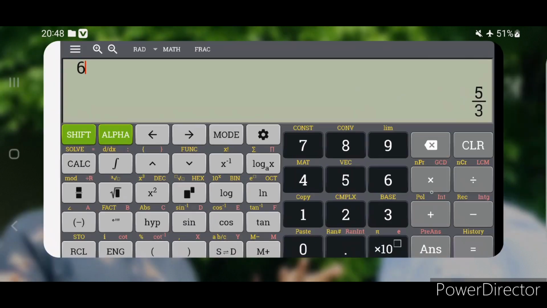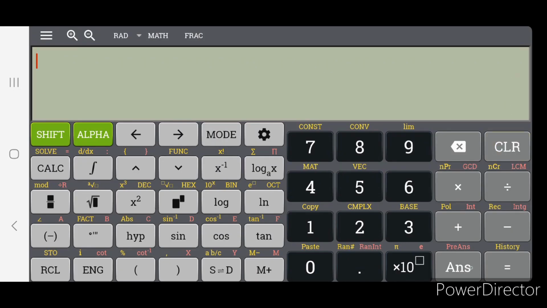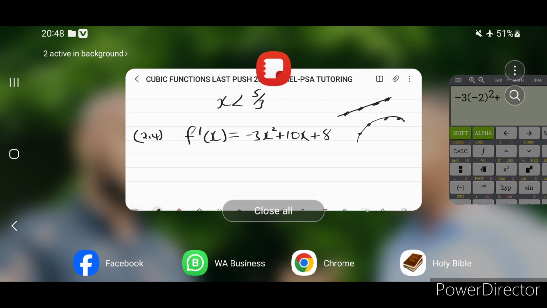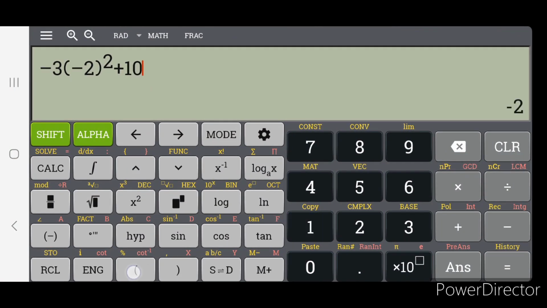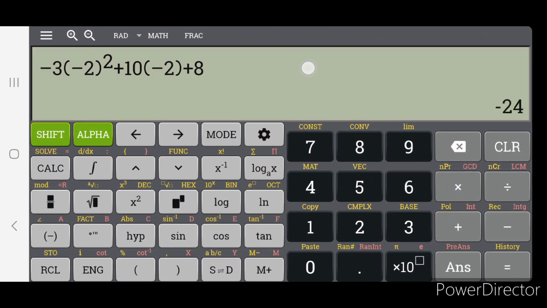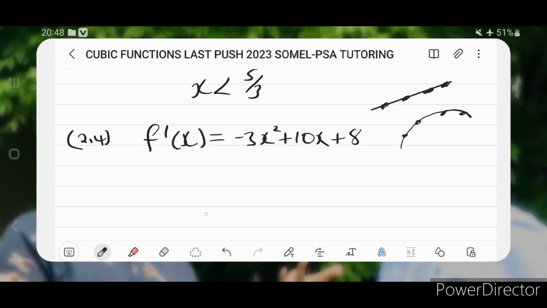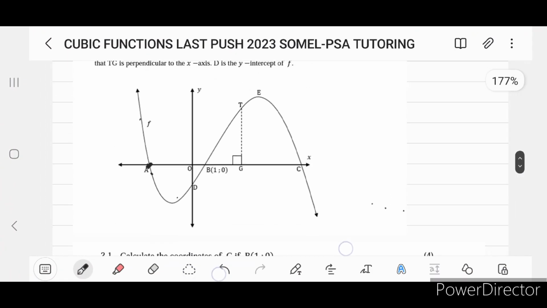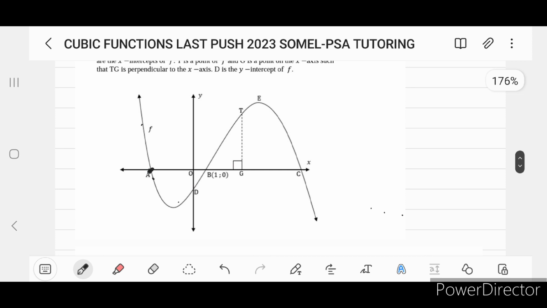So I'll say minus 3 times minus 2 squared plus, is it 10x? Yes, 10 of minus 2, and then plus 8. So the gradient at minus 2 is minus 24. The gradient at this point here is minus 24.